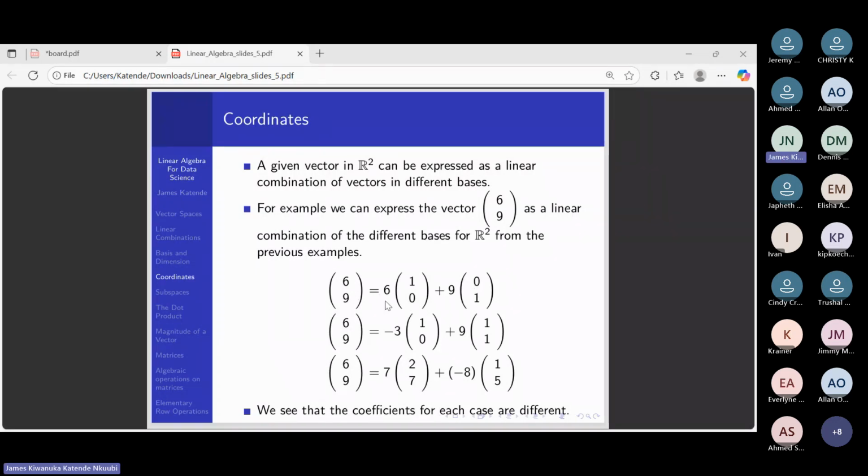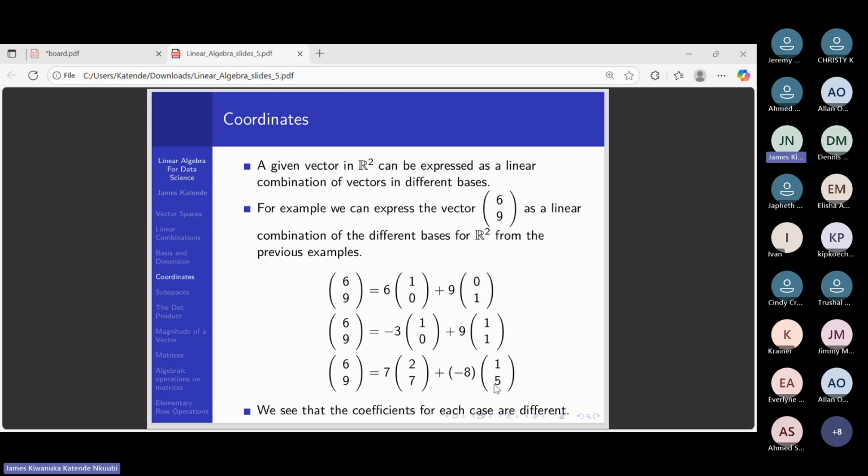So 6, 9 can be written as 6 times 1, 0 plus 9 times 0, 1. And then the same 6, 9 can also be written as minus 3 times 1, 0 plus 9 times 1, 1. And again, the same 6, 9 can be written as 7 times 2, 7 plus negative 8 times 1, 5.